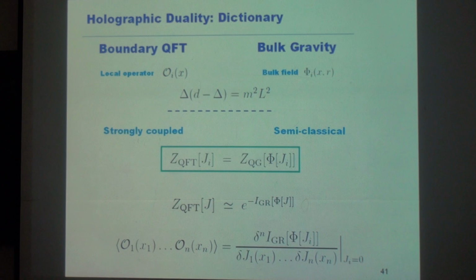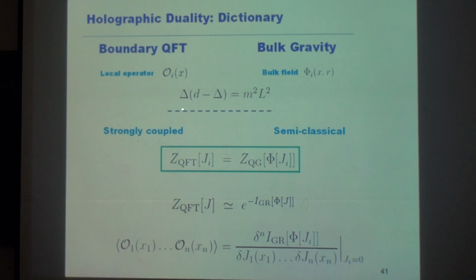Of course, you still need some connection between this operator and this bulk field, and this is actually the only thing we need from the AdS/CFT dictionary.